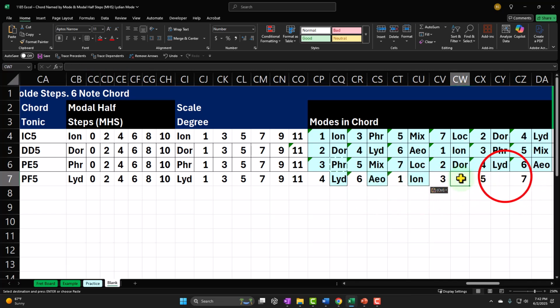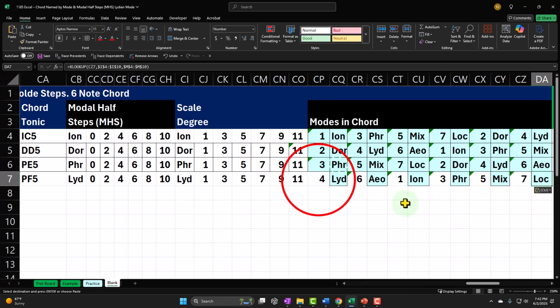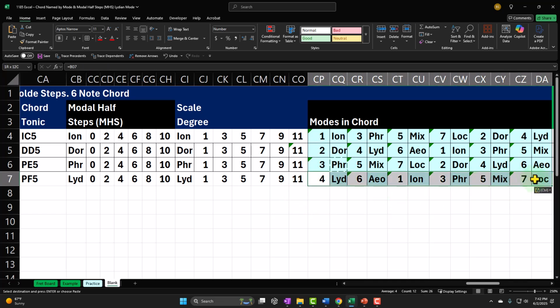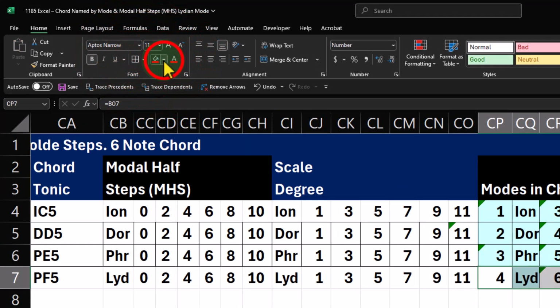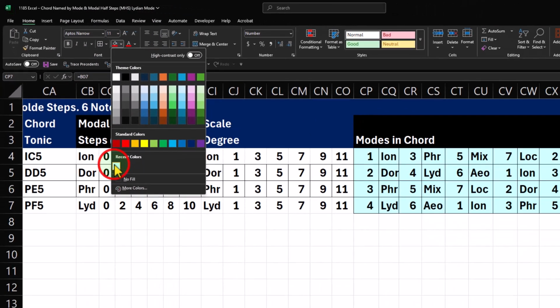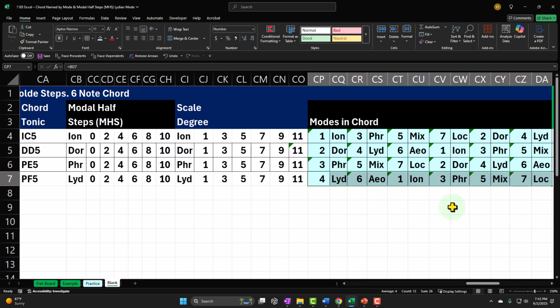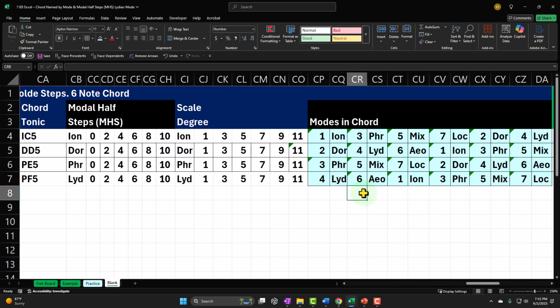But we would just say, hey, look, I don't care if it's in the key of F, if we're playing an F Lydian or any Lydian. Universal Lydian 6-note chord. How would you play it? How could you name playing a 6-note Lydian chord such that you could play it in any key?